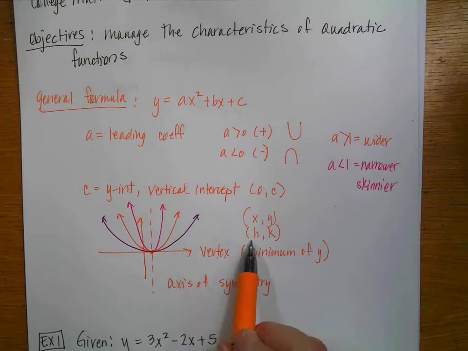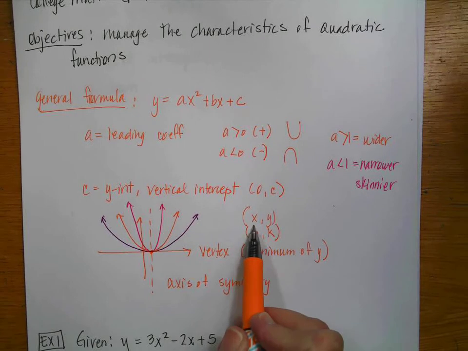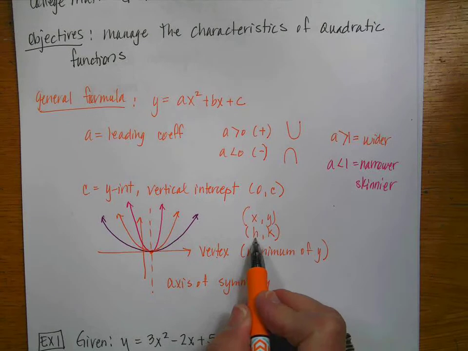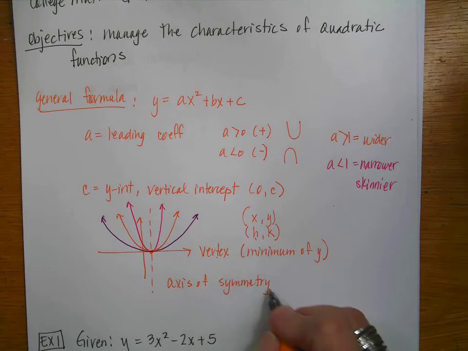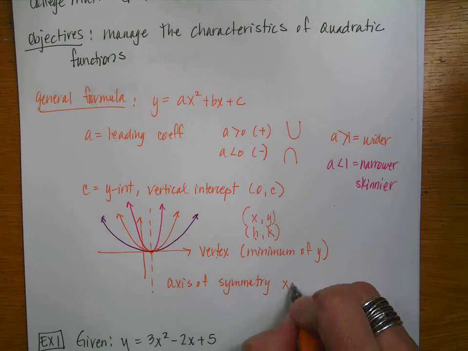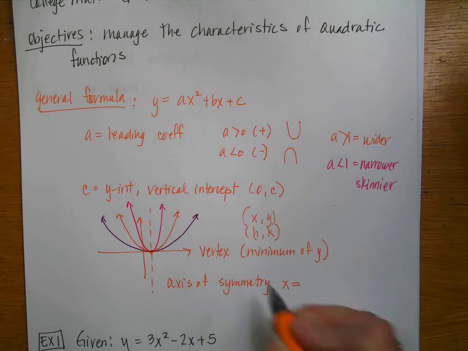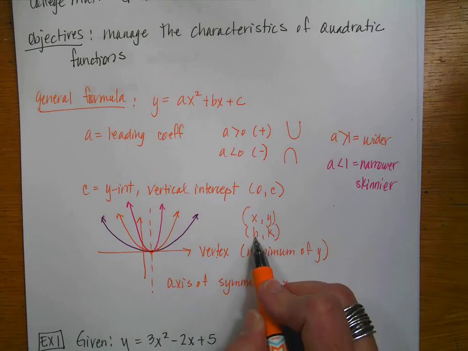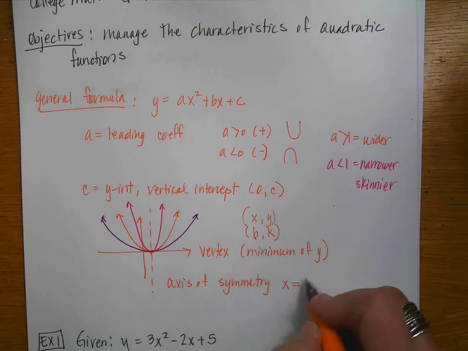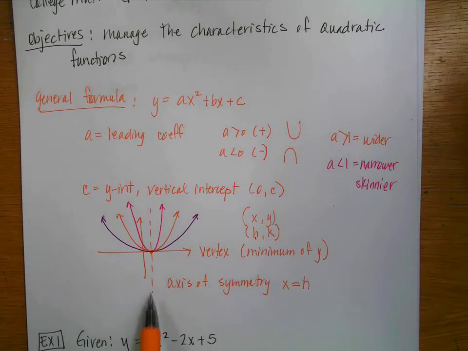So we talked about this is my vertex, and it has coordinates h, k, or an x and a y. This is the notation that we're going to use. My axis of symmetry is going to be a vertical line, and it's going to go through the x coordinate of the vertex, so it's x is equal to h.